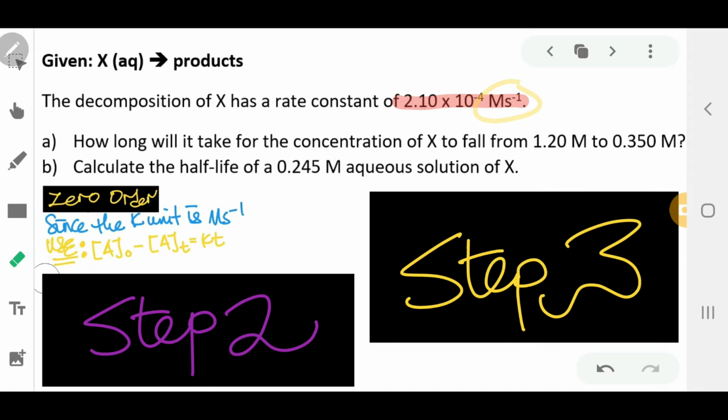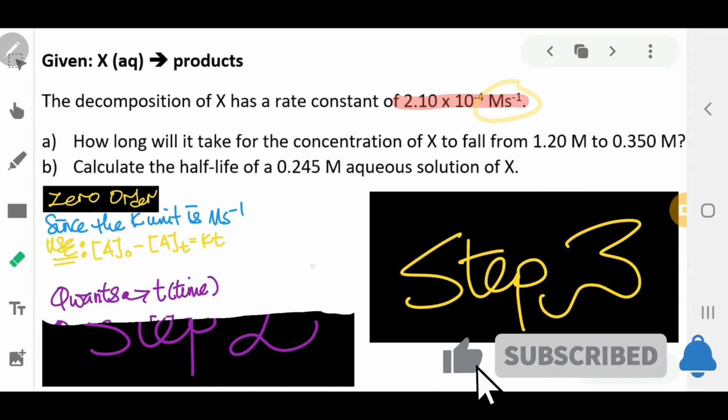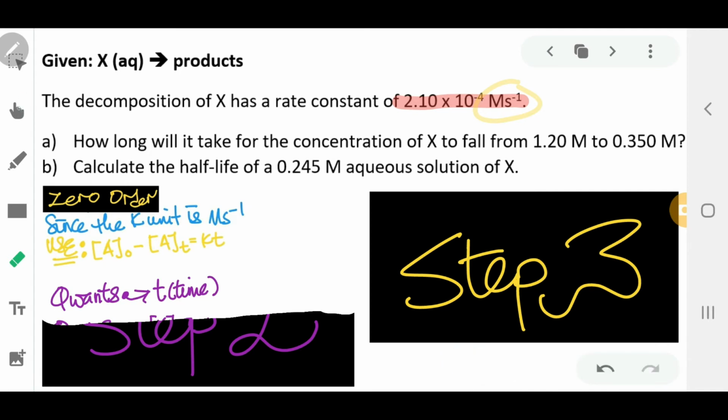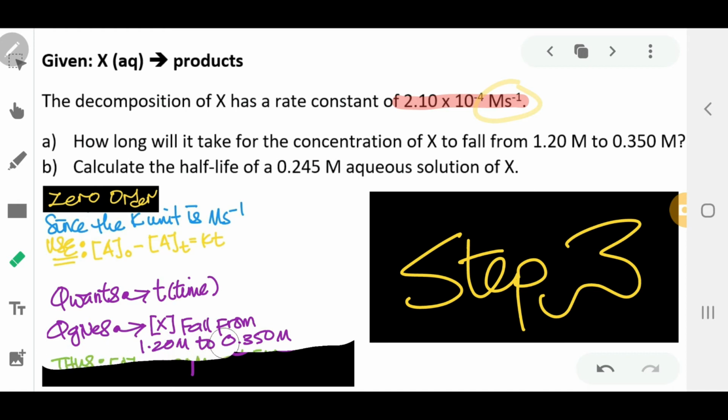Step two, we need to find out what the question wants. The question wants you to find the time taken for the concentration to fall from the initial concentration 1.2 molar to the concentration at a given time 0.350. So the concentration of X here will fall from 1.2 to 0.35.